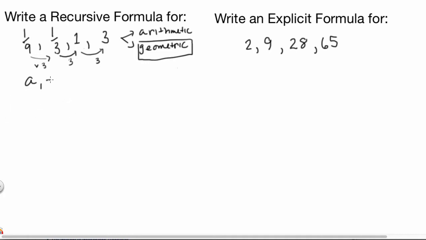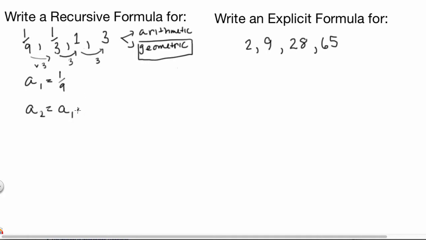Let's go ahead and set it up. Right here we say 1/9, which is of course our initial value. And then our recursive formula is going to begin here, but we don't start yet. We just start setting it up.